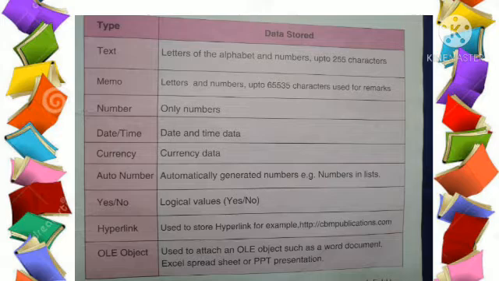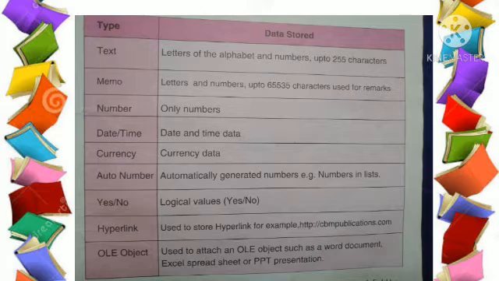Text: letters of the alphabet and numbers up to 255 characters. Memo: long text, formerly known as memo. Large amount of alphanumeric data, sentences and paragraphs. Number: only numbers. Date and time data. Currency data. Auto number: automatically generated numbers, example numbers in a list. Yes/No: Boolean true false data.